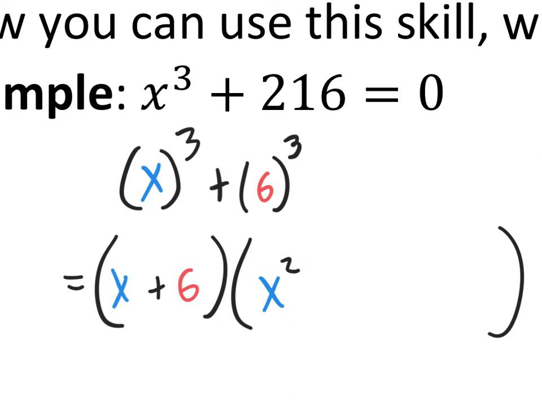And then if you did have a plus right here, the AB term will be a minus. So I'm going to put a minus AB, which is really A times B, which is really x times 6, which is really 6x. And then plus B squared, which is 36.